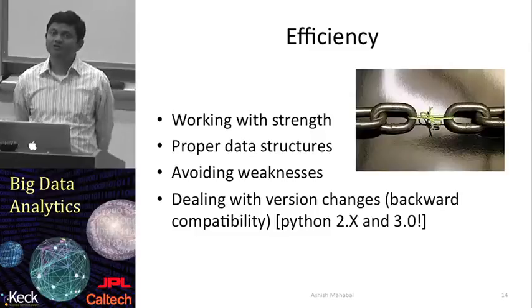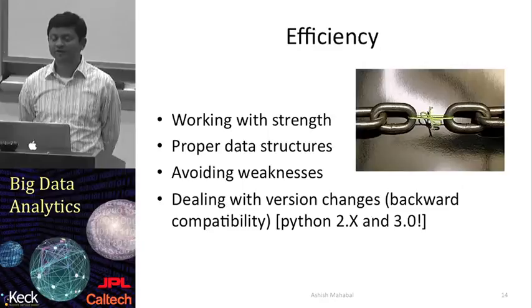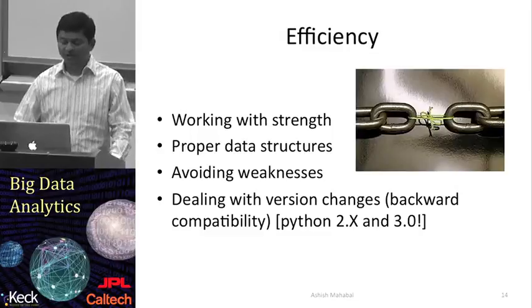Similarly, with efficiency, of course, a chain, as we all know, is weakest at its weak point. So you should try to ensure that you are working with the strengths of whatever language you are using, whatever module you are using, or whatever combination of those you may be using, and that you avoid weaknesses.